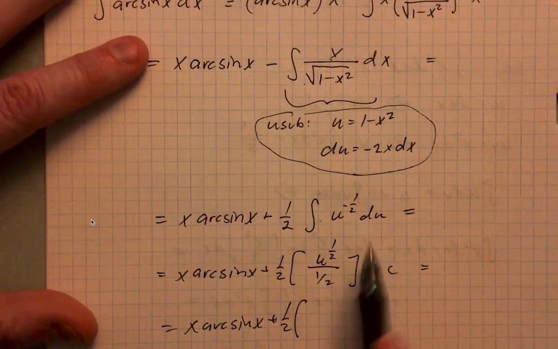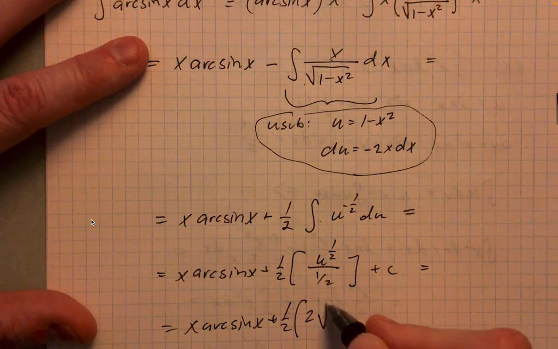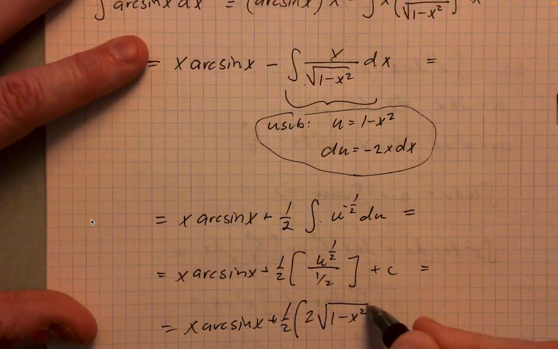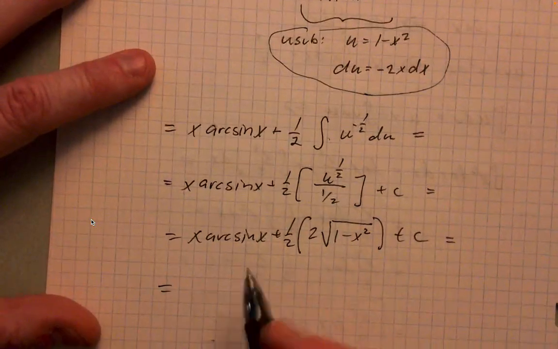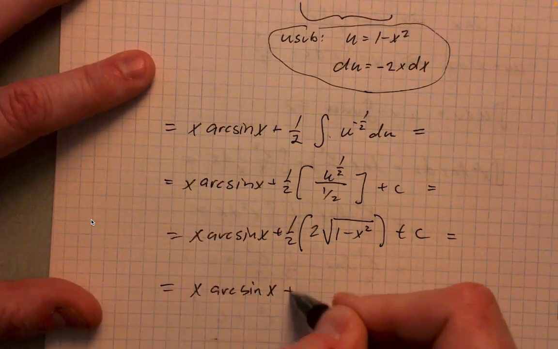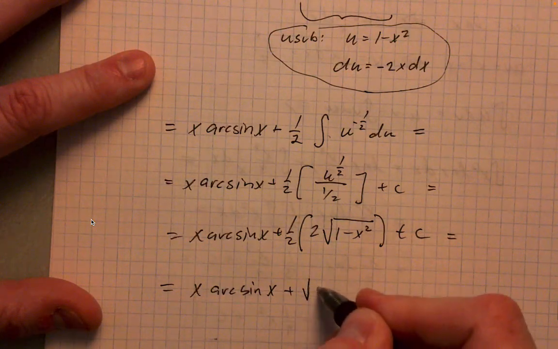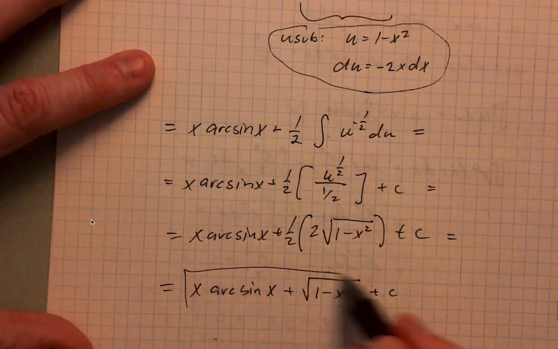So this would be 2 times the square root of 1 minus x squared. And we can clean up some of this a little bit more, like the 2's will cancel. So we have x times the arcsine of x plus the square root of 1 minus x squared plus C.